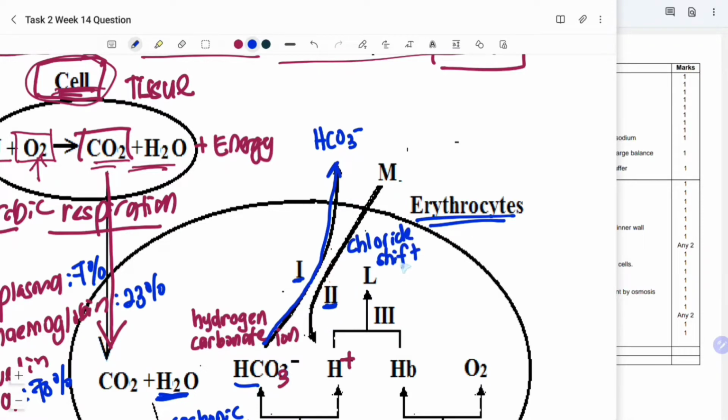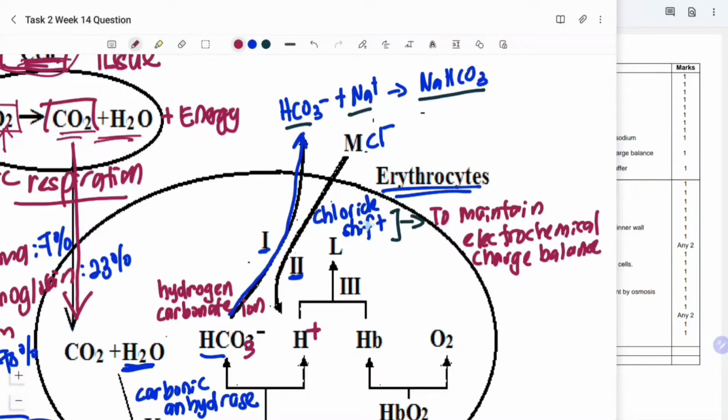Okay, so ingat chloride shift maksudnya movement of chloride ion which is M into the red blood cell whenever there is movement of hydrogen carbonate ion out of the red blood cell and dissolve in the blood plasma. So inside the blood plasma, the HCO3 minus, which is the bicarbonate ion, akan combine with sodium ion untuk form sodium hydrogen carbonate.